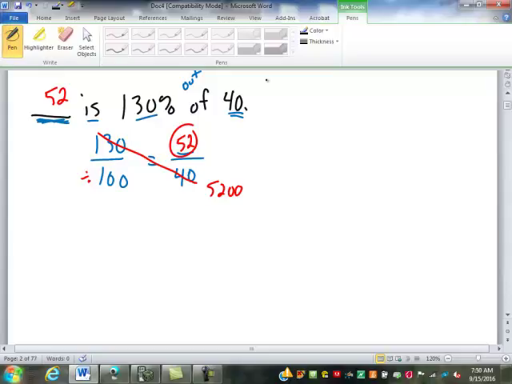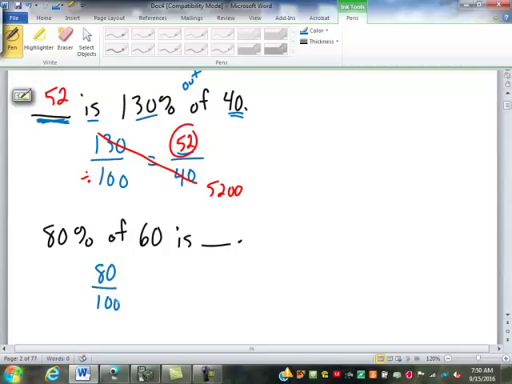So I'm going to change the wording a little bit. 80% of 60 is blank. Now I've said I always start with the percent. So 80%, 80 out of 100. Now I have the 60 and the blank. Which one matches up with the 80?